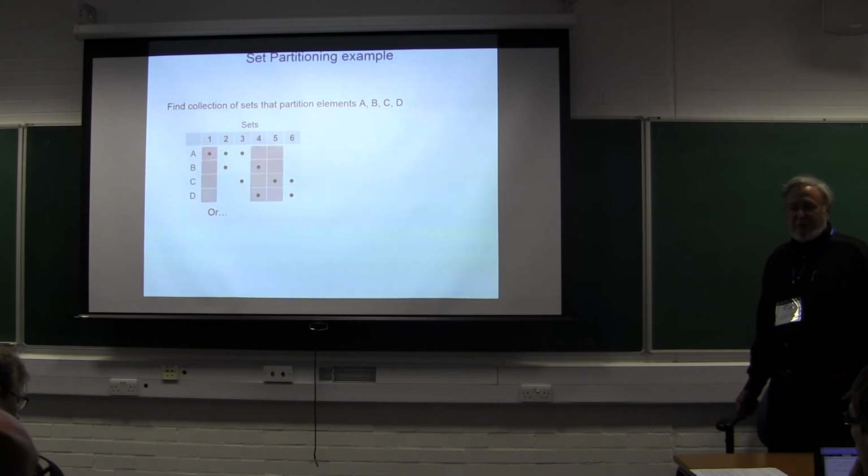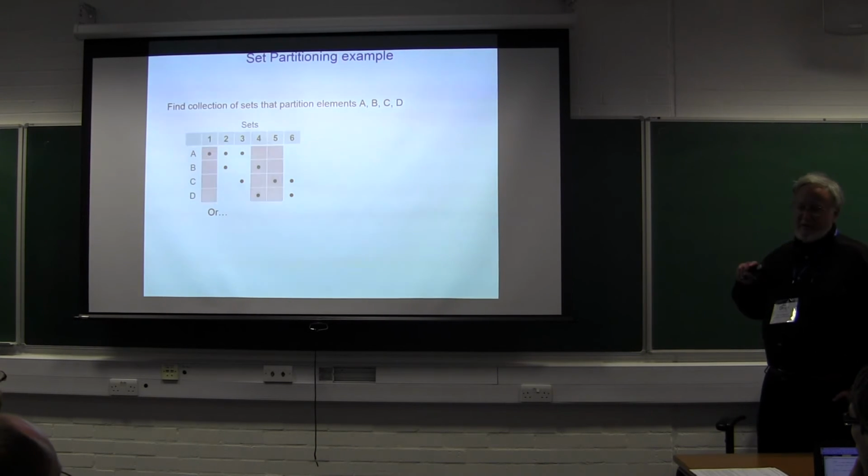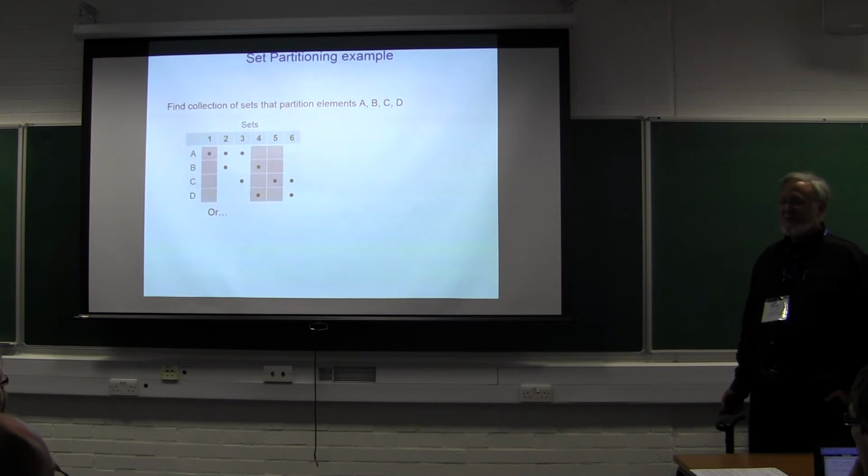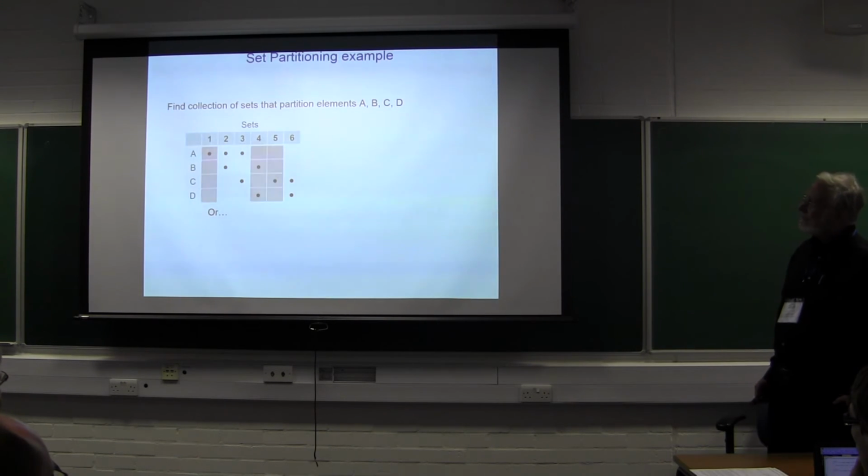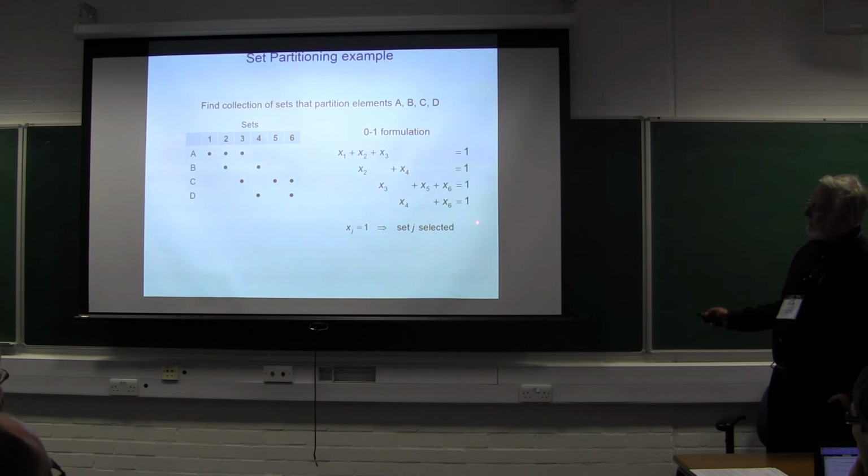If you flew to London, then the crew of your flight was scheduled by a set partitioning model. Most of the airlines use it now for crew scheduling. Okay, so this is the integer programming formulation. You have equality constraints. This indicates which sets are selected.